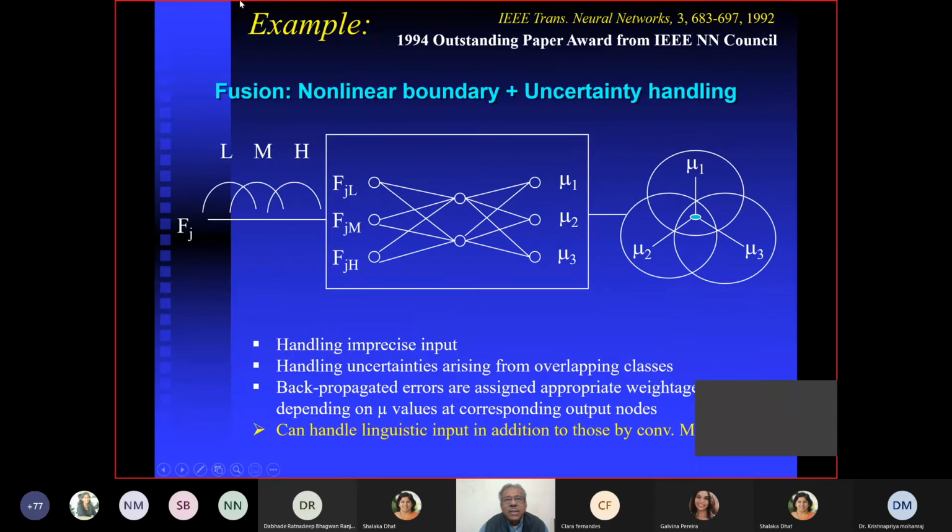I'll show this challenge in an outstanding paper from 1994 by the Neural Network Council. This is a multilayer perceptron. I buy it from the market. But then I see that it has the characteristic that it can generate a nonlinear boundary, a highly nonlinear boundary.